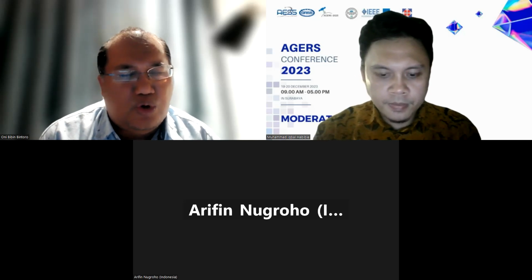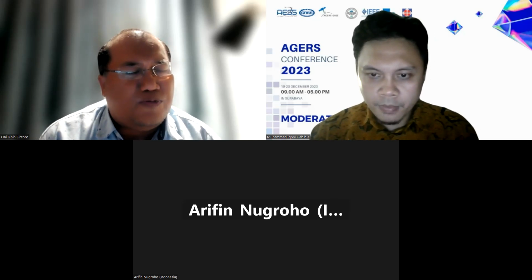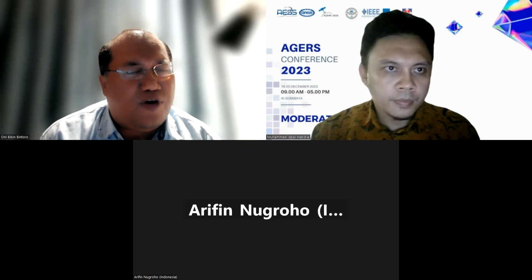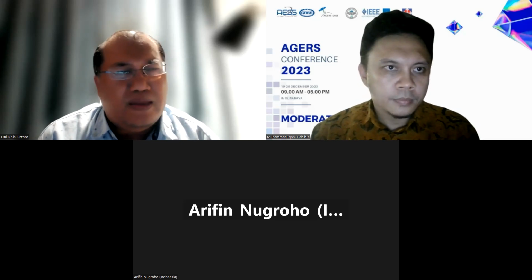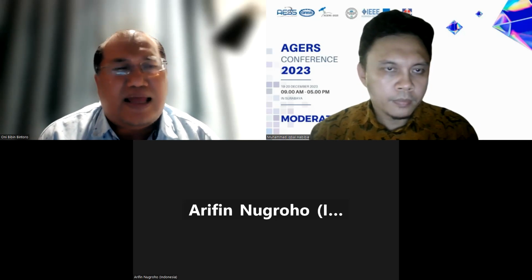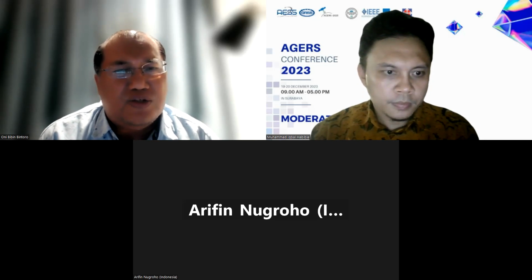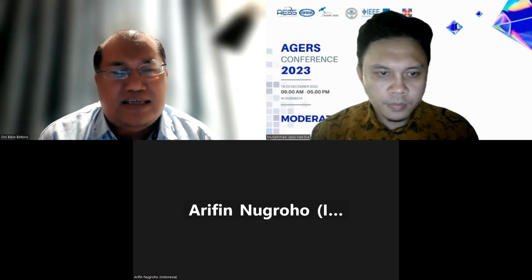And number two, what we have from this result, the results show that every city in Indonesia, by regulation, has a detailed plan on what the city will be in 20 years' time. 2014 to 2034, that is the RDTR.